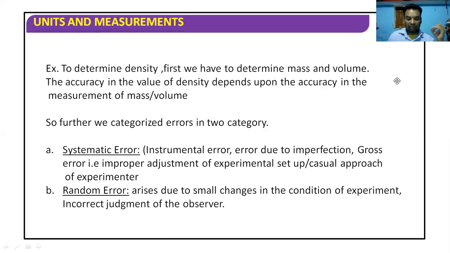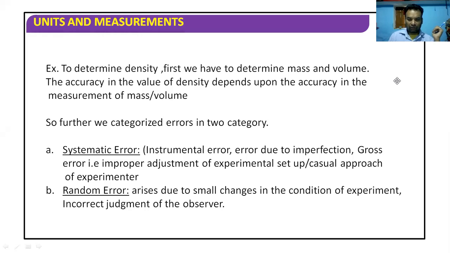Initially the level of the apparatus in our lab was different, but after 5 or 10 minutes we change the level, means from one side or from the other side there are some changes in the height of the apparatus, or there are some changes in the room temperature, or there are some changes in the current flowing in the apparatus, or some heat change in the apparatus during the experiment. So if there are any changes, that is called improper adjustment of the experimental setup, means we are doing the experiment with just a casual approach.